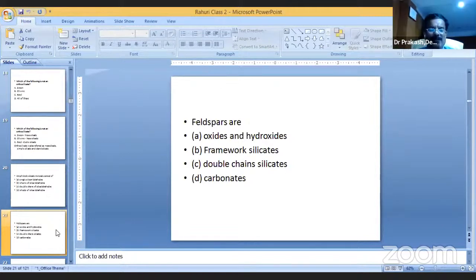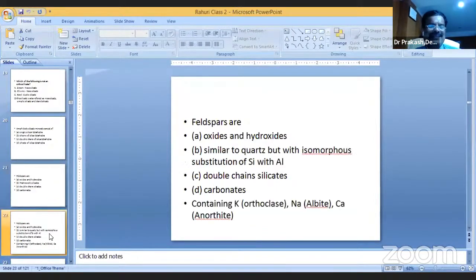Very good, fantastic. So I think you all had a working lunch only. Okay, one more question with feldspar. Feldspar are oxides and hydroxide, similar to quartz, but with isomorphous substitution of silica with aluminum, double chain silicates, carbonates. I have added another dimension to the same question. I removed that B and added here similar to quartz.